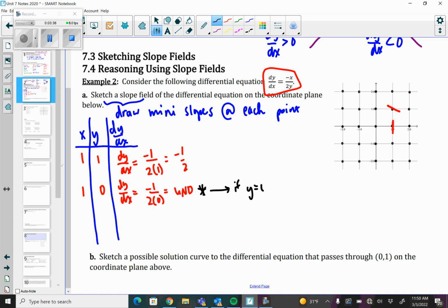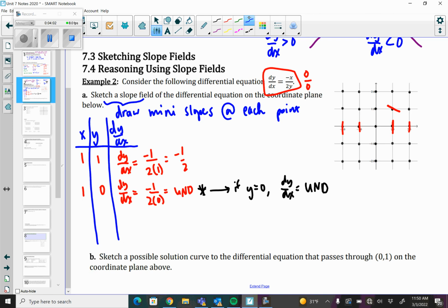If our y value is 0, dy/dx, in this case, will be undefined. That means I'm able to identify that all of these slopes on the x-axis are going to be vertical lines. Notice I skipped over (0, 0), because really you'd have 0 divided by 0, which is not even undefined. It's not really anything. So I'm not going to put any sort of slope at (0, 0).